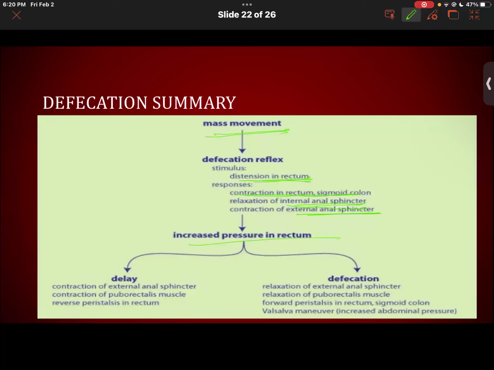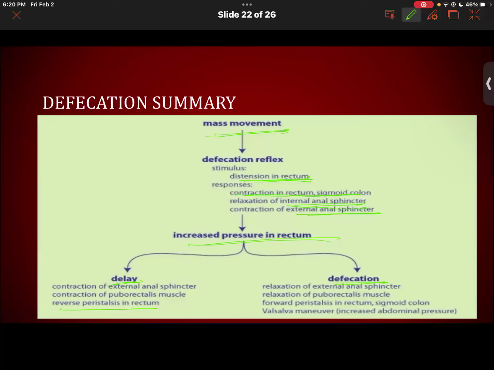So obviously, all this increases the pressure in the rectum, and if we delay the defecation, that means if we're not in an ideal condition, then we have contraction of the external anal sphincter via the pudendal nerve, which causes also contraction of the puborectalis via the sacral nerves, and this causes retroperistalsis in the rectum. It pushes the feces back to the sigmoid colon for storage until the opportunity presents itself to defecate.